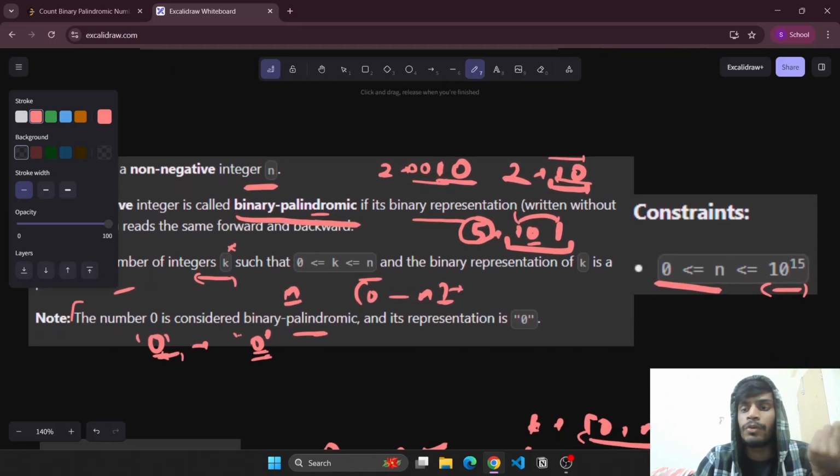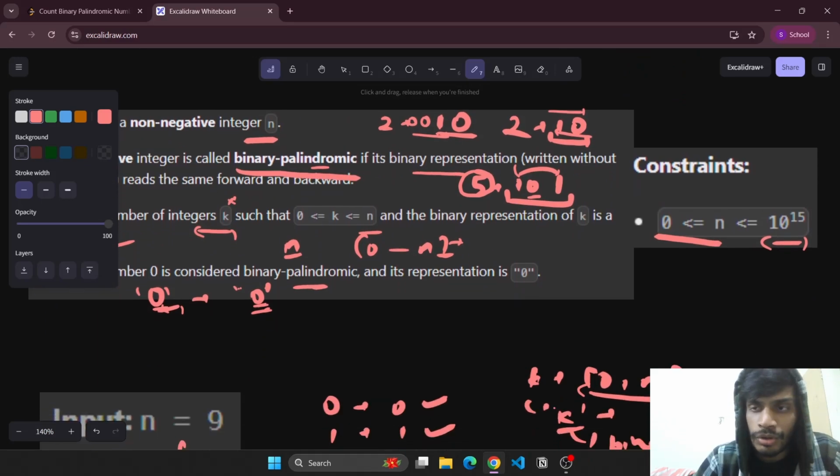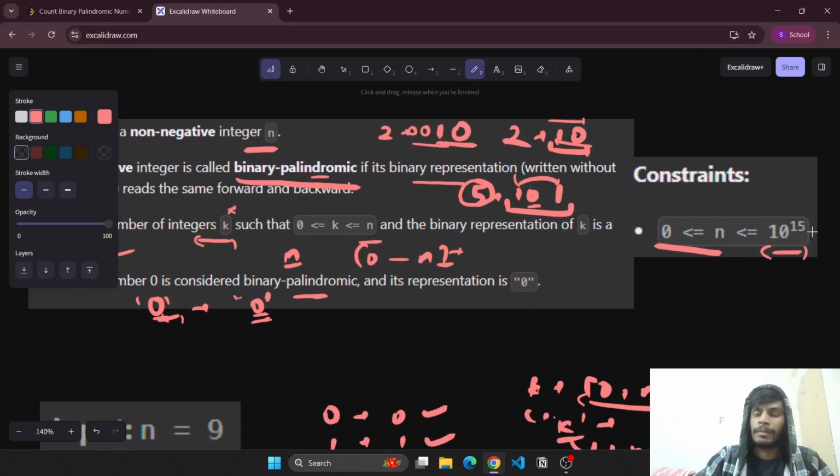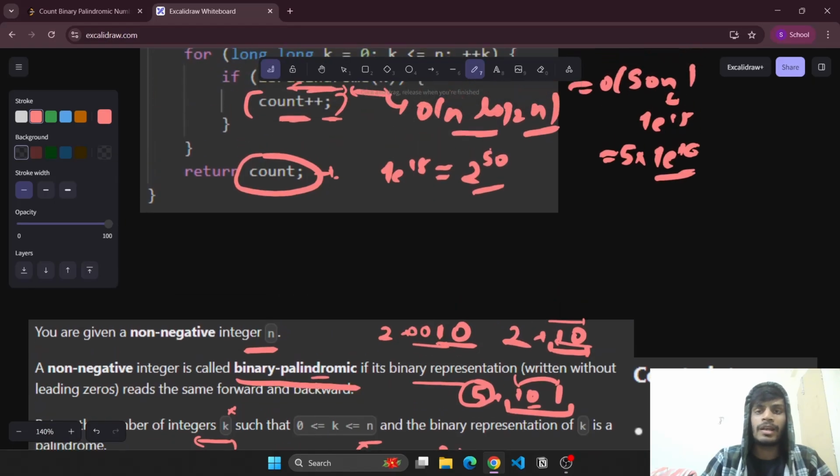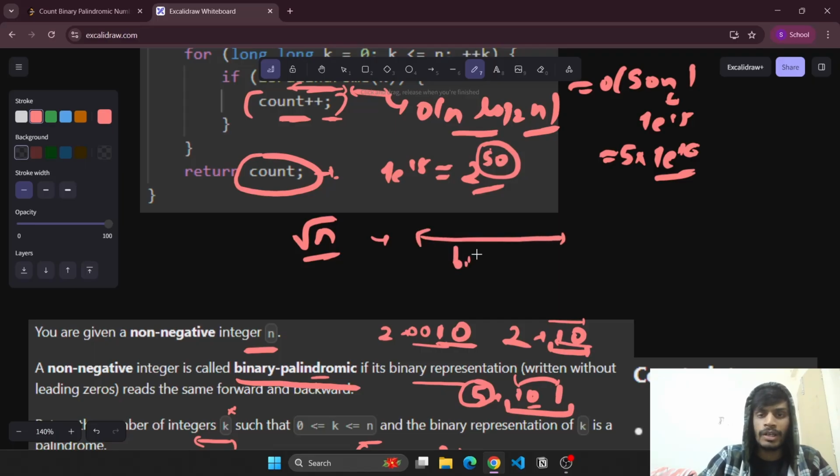So what can we do here? We know that if n is up to 1e15, then obviously either some solution of complexity root n will work, or since it will have 50 bits, maybe we need to only traverse through the bits, and just on the basis of the bits try to calculate the number of binary palindromes.